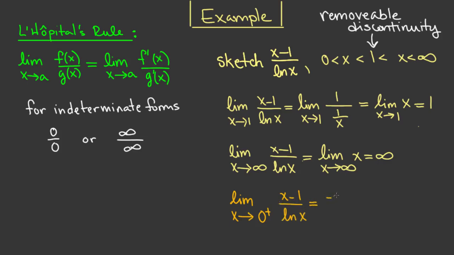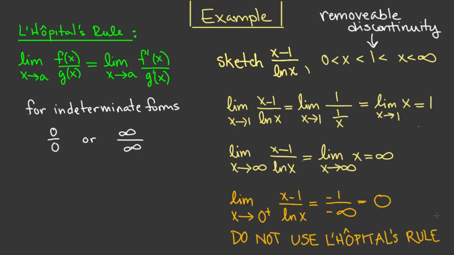We get negative 1 over negative infinity, which tends to 0. Do not use L'Hopital's rule here. You must verify that a limit is of indeterminate form 0 over 0 or infinity over infinity before you try to use the rule.